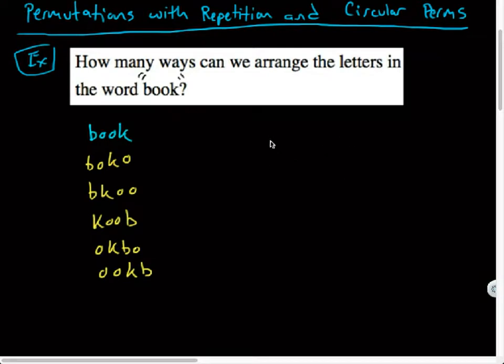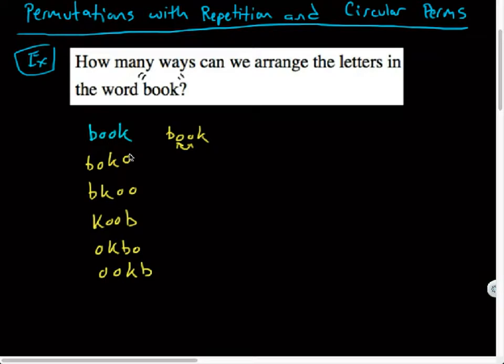So anyways, but eventually I come to the point, well, what about book, where I switched the O's? And you might be like, well, that's indistinguishable from the other one, right? I think you would agree that book and book kind of look the same because there's no distinguishing factor between those.